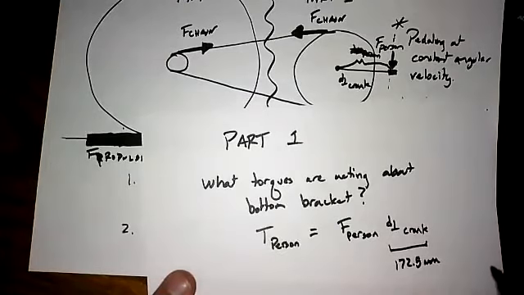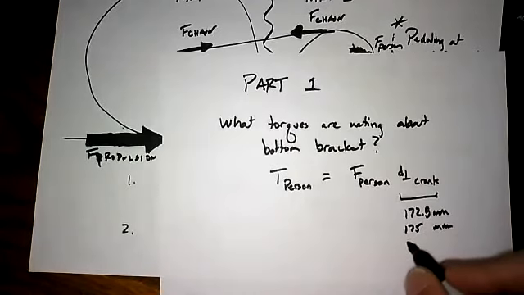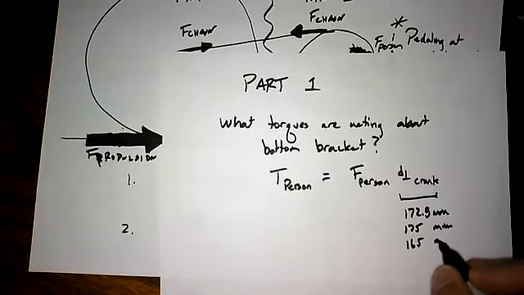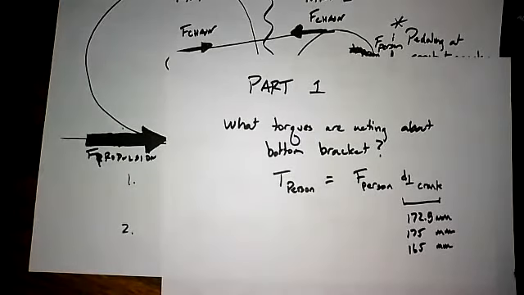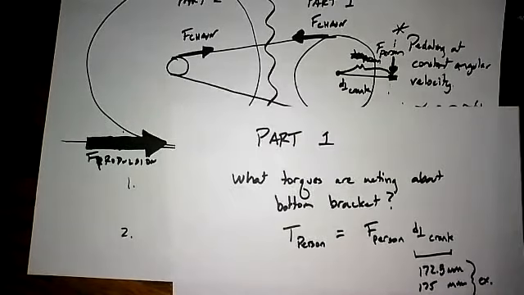That's a very common crank length. Or maybe some people like to go a little bit longer, 175 millimeters, or maybe 165, something shorter. There's a tendency to use a shorter crank. These are examples of crank lengths. F person is what the cyclist is doing, pushing on the pedal. This is the torque due to the person pushing on the pedal relative to the crank length.